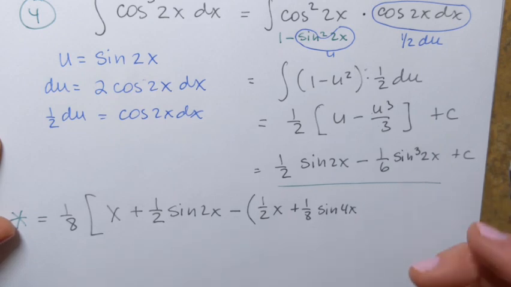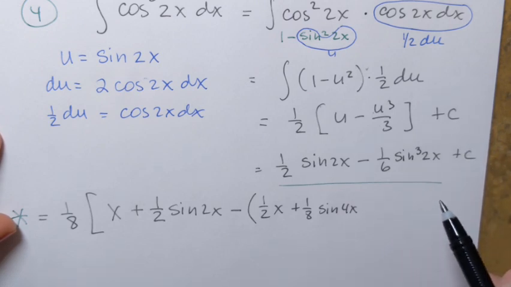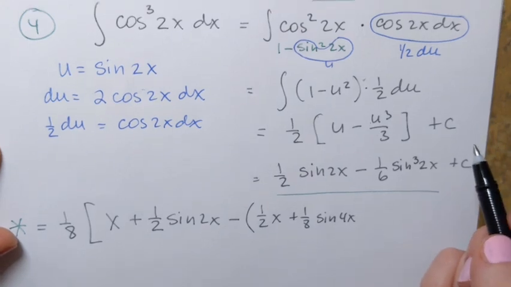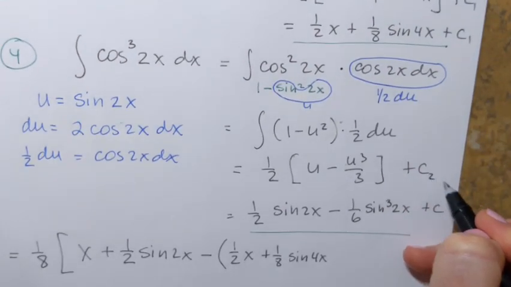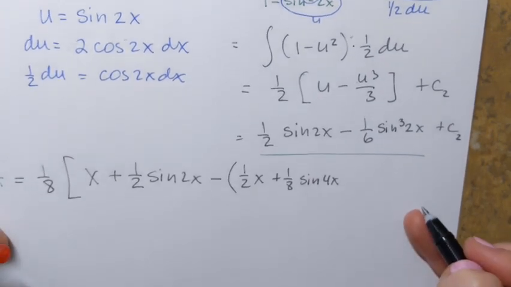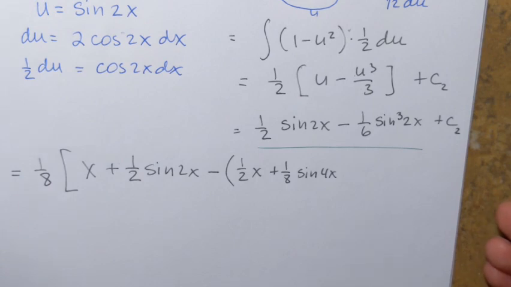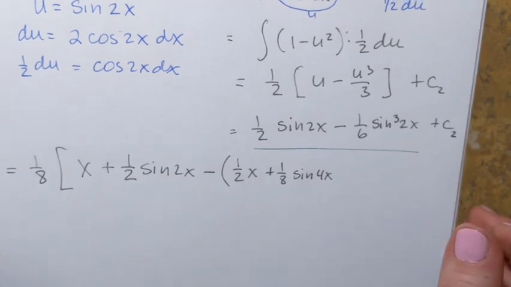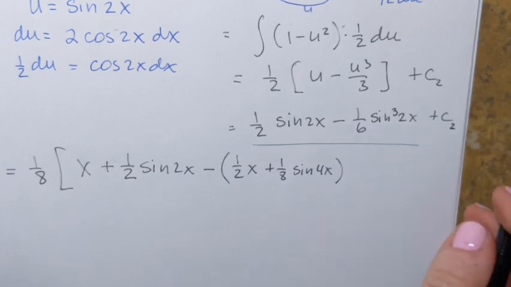I will combine all constants. Technically, I should have labeled them differently, like c1, c2. Yeah, it's going to bug me, so I'll call those c1, c2. But then when I'm putting it all together, I'm combining all those c's and renaming that as c. So plus 1/8 sine 4x. Okay, that's a constant, it will be at the very end.